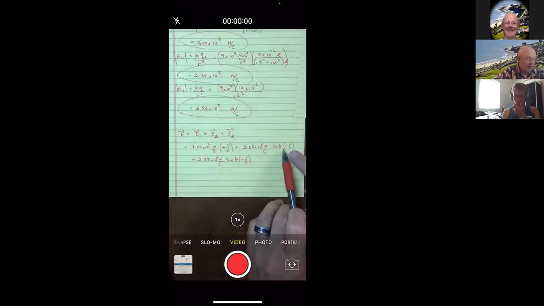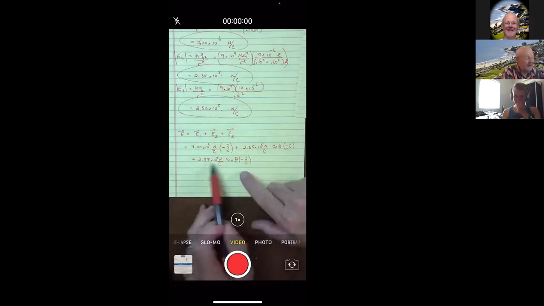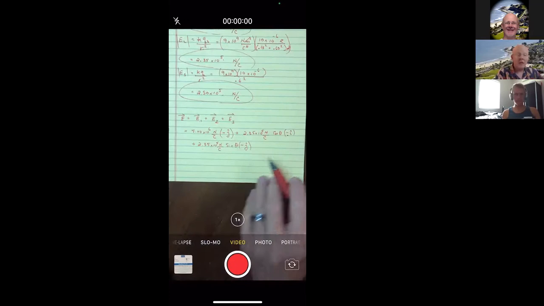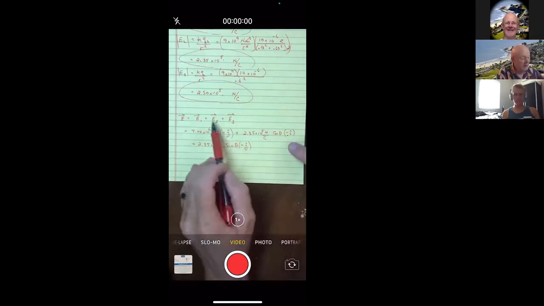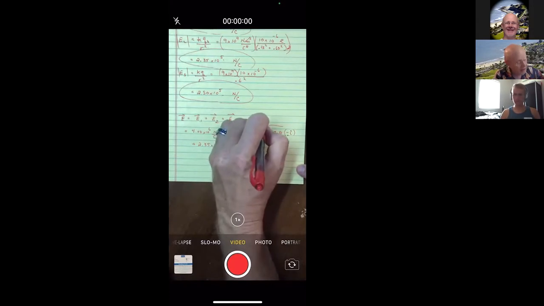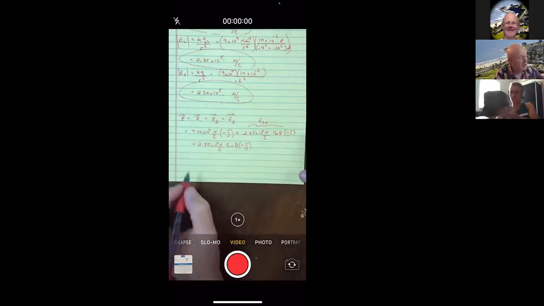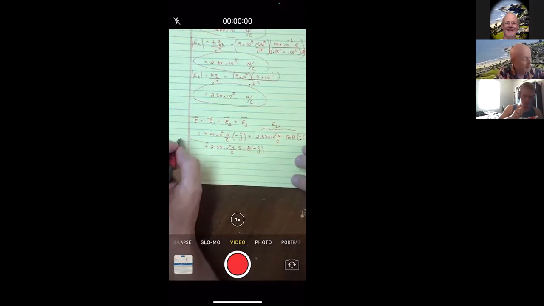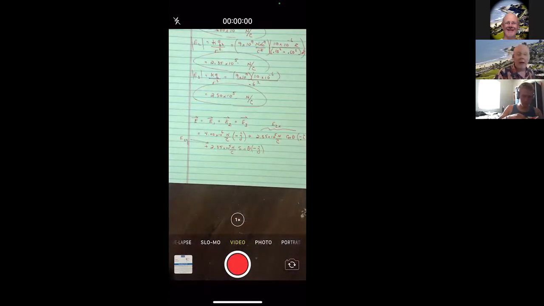So we've got a left component and a down component for number 2. So that's the harder of the 2. This up here is the electric field of number 2 in the x direction, and this right here is the electric field of number 2 in the y direction.